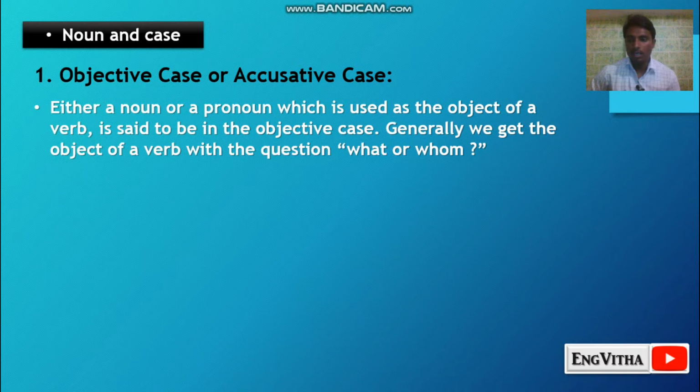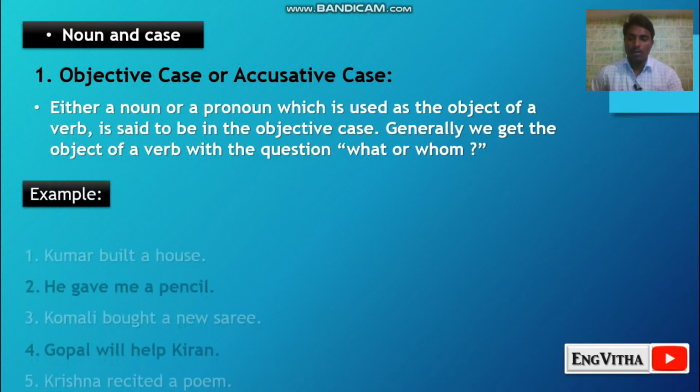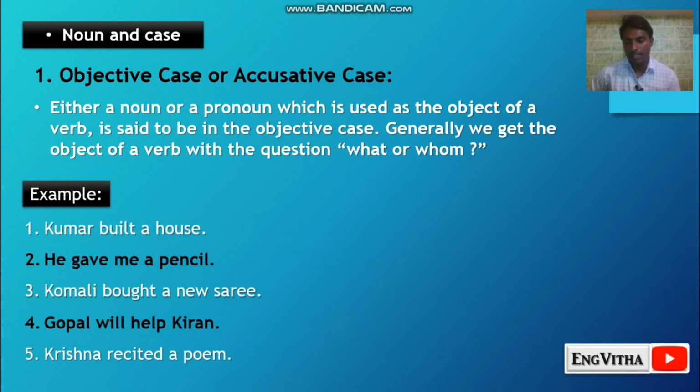So let us see a few examples, and from those examples we will get what is in the objective case. The first example is, Kumar built a house, and the second sentence is, he gave me a pencil, and the third, Komali bought a new sari, and Gopal will help Kiran, and lastly Krishna recited a poem.